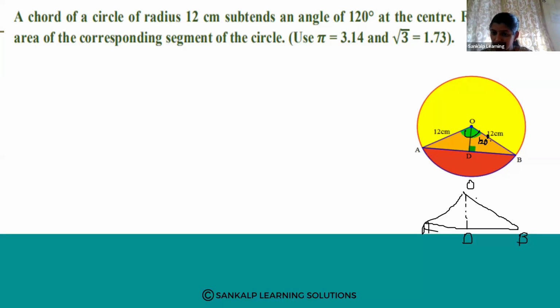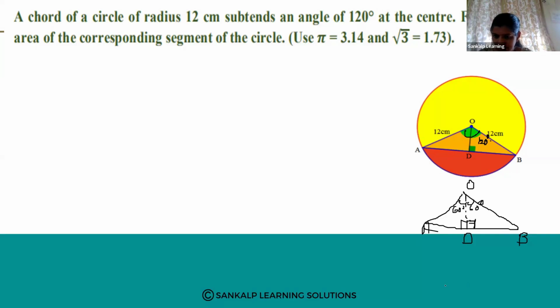So observe carefully, the angle formed at the center is 120 degree. If OD divides this big triangle into two small triangles, then this value is 60 degree and this value is 60 degree, right? And at the point D, it forms an angle of 90 degree, right?